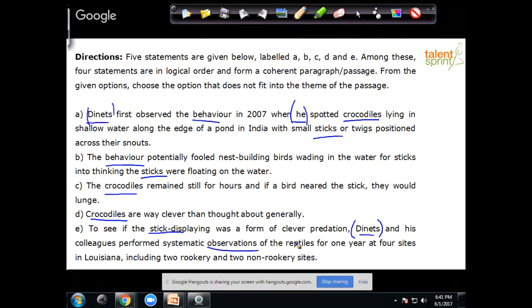Observations. Okay, now that I have all these repeat words and phrases, all I'm going to do is see. Even now, sometimes we might get carried away and say, hey, there are so many repeat words, which means everything seems related. How do I figure out which one is the odd one out?